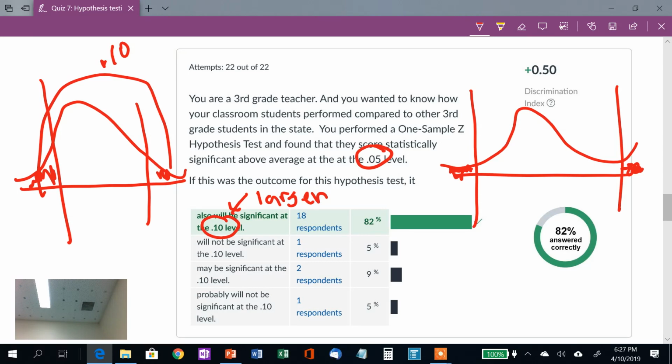So the question says significant at the 0.10 level, I definitively say it will also be significant at the 0.05 level. If it was significant at the 0.05 level, can I also say it will be at the 0.10 level, which is larger.